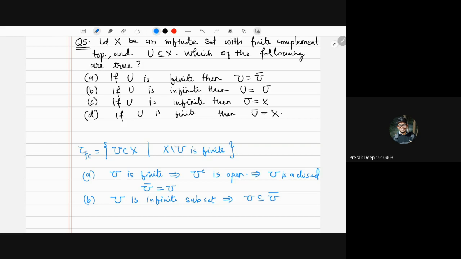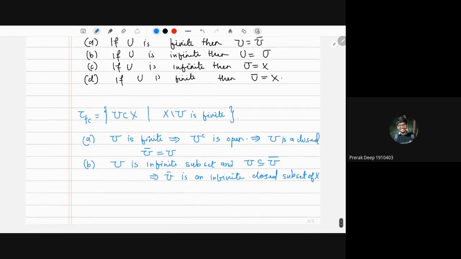So both of these facts imply that U closure is an infinite subset of X. To be precise, because U closure is a closed subset, it's an infinite closed subset of X.